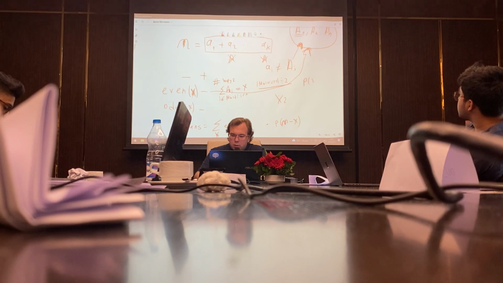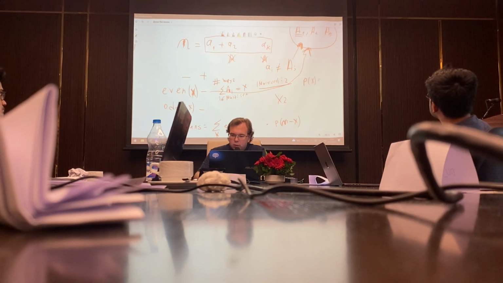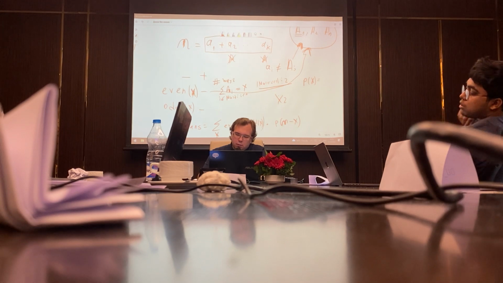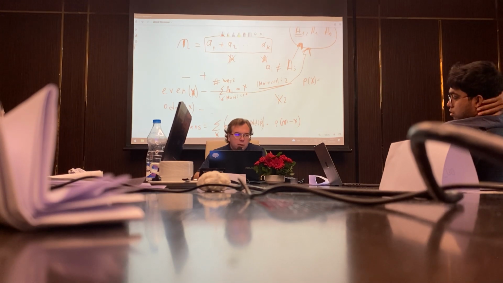So m x is just the number of ways to get the sum x using any element. And the same thing with odd, but we need to subtract them. Okay, so that's how we can manage with these additional constraints.